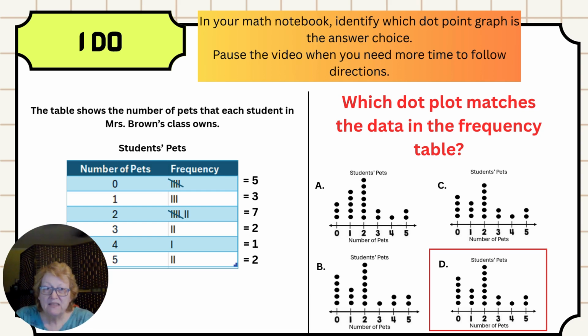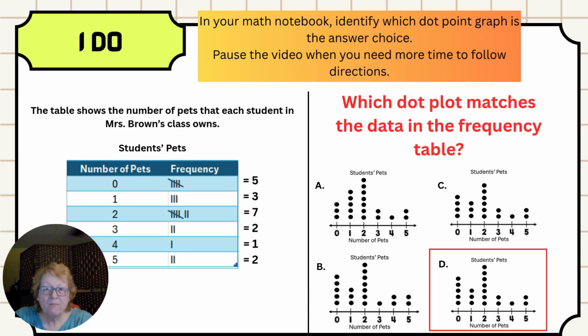How many students have 1 pet? Well, according to the frequency chart, there are only 3. Are there 3 dots there on the dot plot in answer choice B? Yes, there are. Let's keep going. What about for 2 pets? How many students? 7. Does that match in answer choice B? Yes, there are 7 dots.